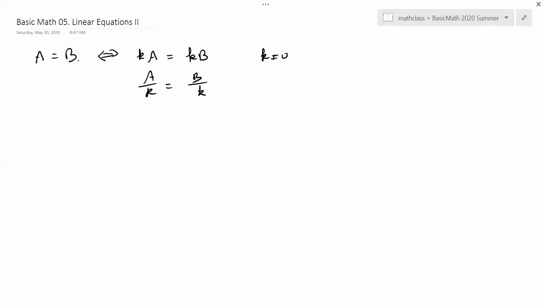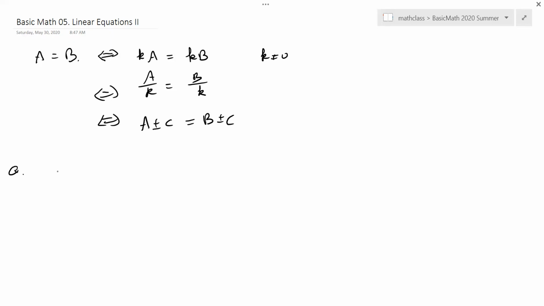Or you can add or subtract a number to both sides. Those operations do not change the solutions. You just rewrite the equation and make it simpler.